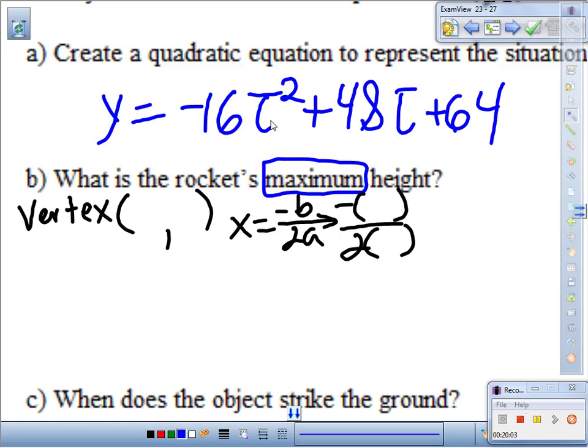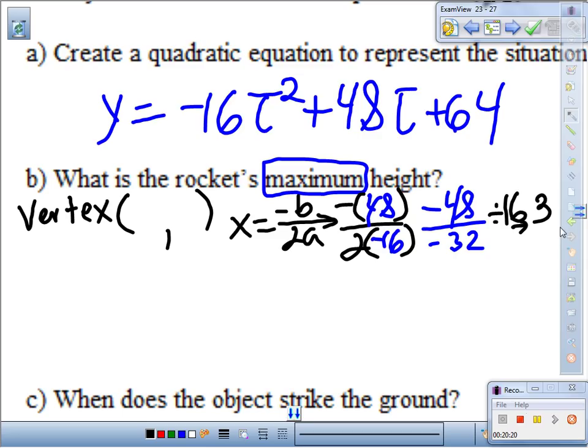So what is b according to our equation? 48. A is negative 16. So this becomes negative 48 over negative 32. Can we simplify that? Yeah, we can divide by 16 top and bottom, and we get 3 halves.